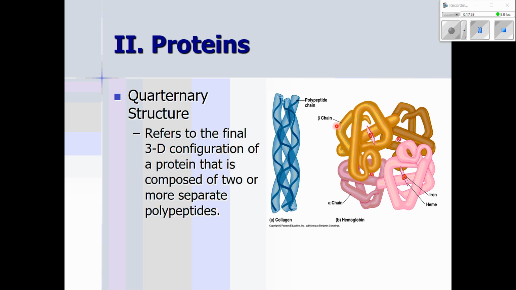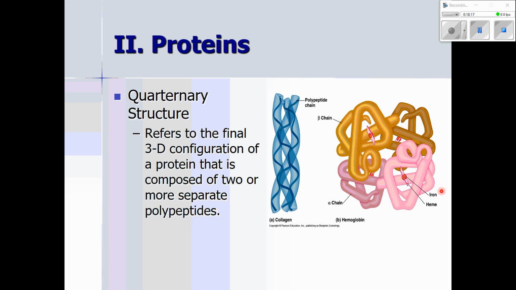So this, where it says beta chain, this is one polypeptide that was assembled. It has folded up into its tertiary three-dimensional shape. Here's another polypeptide that has also folded up into its tertiary shape. A third and even a 4th polypeptide. And they've all been formed and they've all been folded. And now those 4 polypeptides are snapped together to form this huge functional protein called hemoglobin.